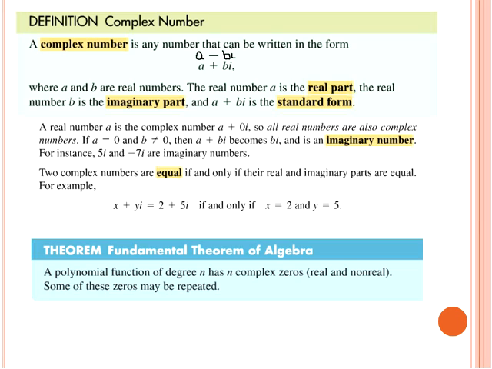And that i becomes our imaginary number. The other thing I want to point out as we're trying to solve these higher degree polynomials, don't forget that fundamental theorem of algebra. So whatever the degree of the polynomial is, that's how many zeros it has. So don't forget about that fundamental theorem of algebra there.